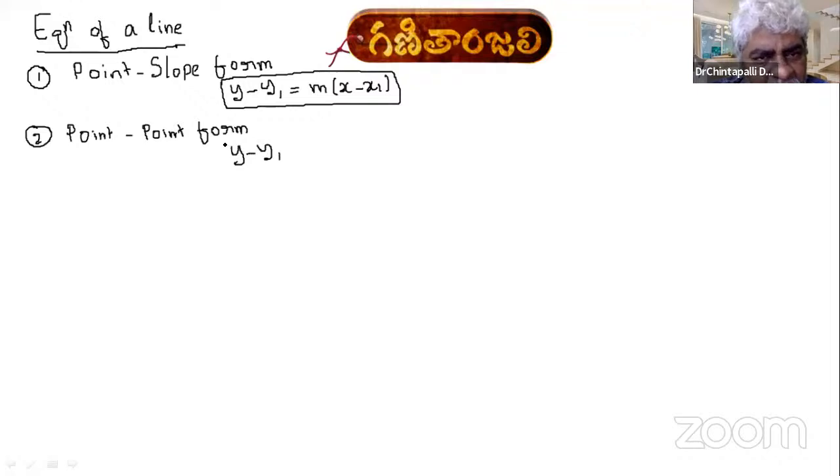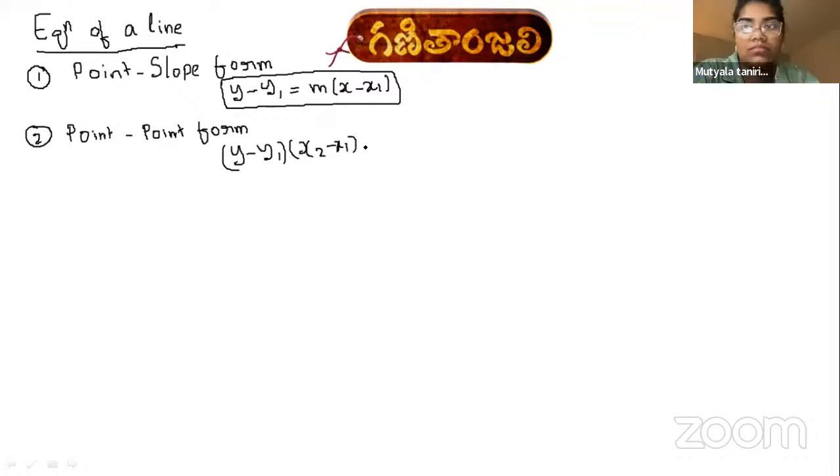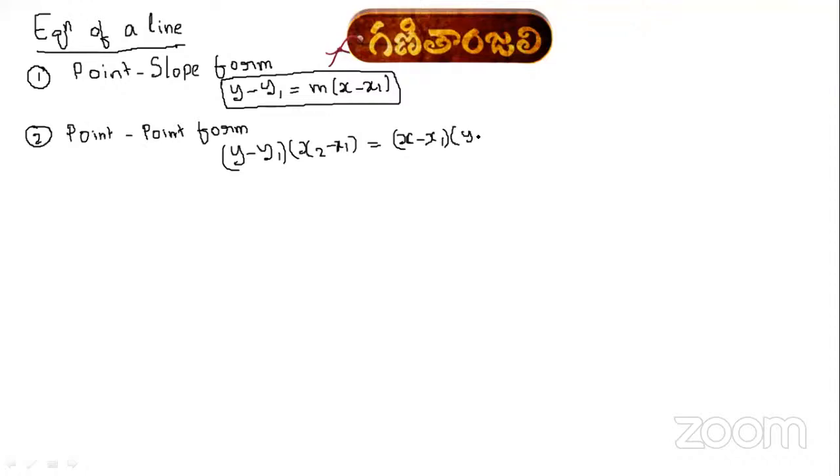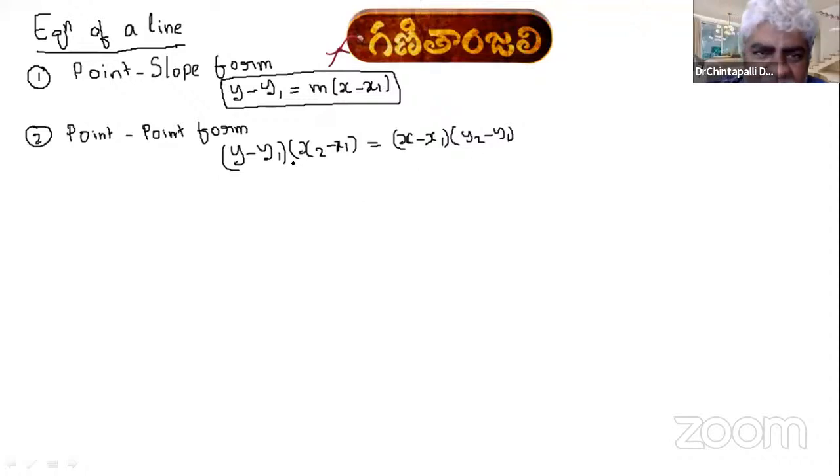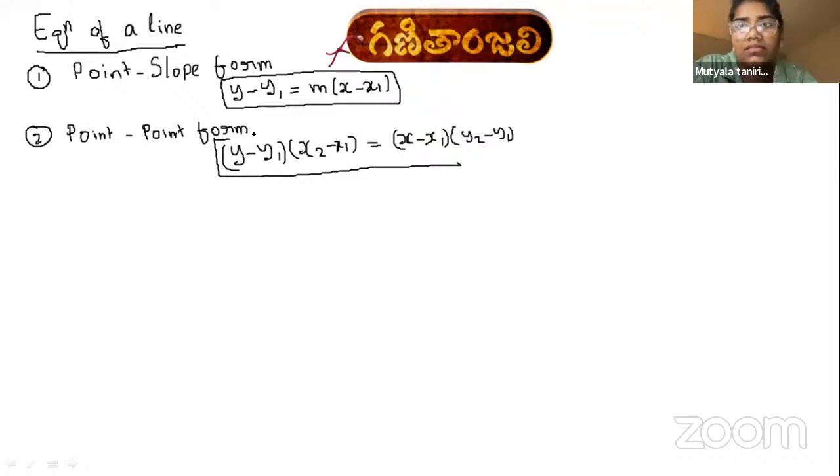Y minus y1 into x2 minus x1 is equal to x minus x1 into y2 minus y1. Have you found the pattern, Tanika, in this equation? Yes, sir. There is a pattern in it.